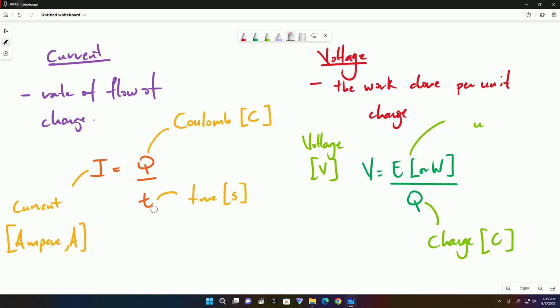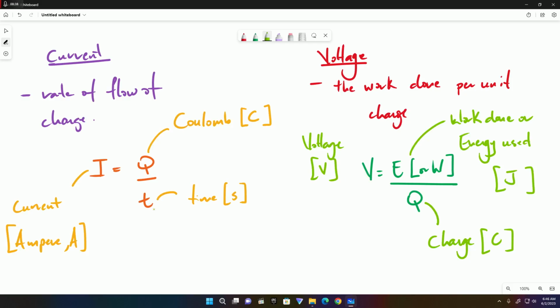Either the work done or energy used up, in joules. And these be a few interesting definitions.